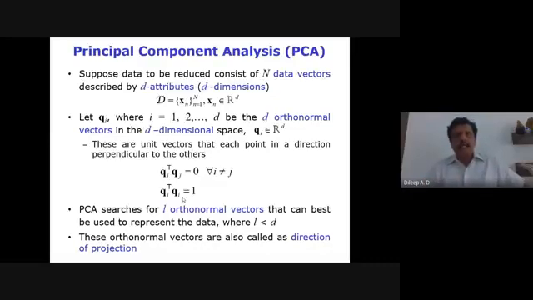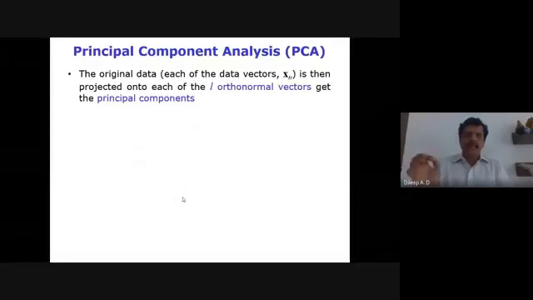Out of D, we select L number of orthonormal vectors, and what we do in PCA is that we try to project my data vector, which is a d-dimensional vector, onto these L projection vectors so that I can get the principal components.